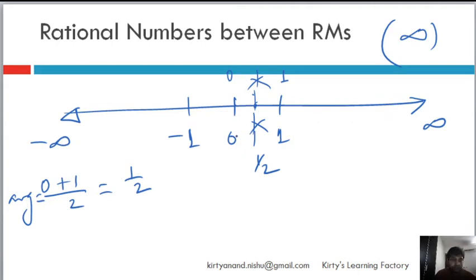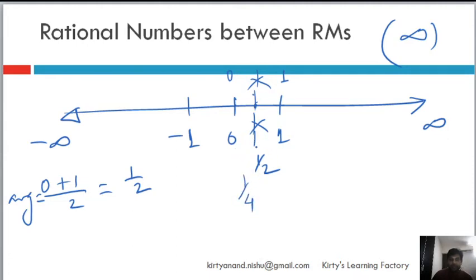If you have not seen even that concept, just go to where I have explained averages, means, I think it is under data or statistics in class 6th tutorials. So go there and you will see. So I found one between 0 and 1, which is 1 by 2. Now I can find one between 0 and half also, that will be 1 by 4 using the same principles.